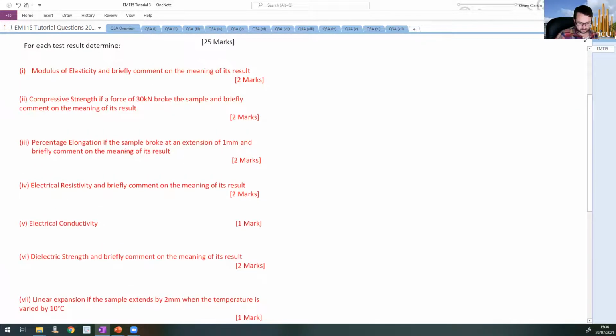We're asked for the compressive strength if a force of 30 kilonewtons broke the sample. And also asked to briefly comment on the results, the meaning of the results.